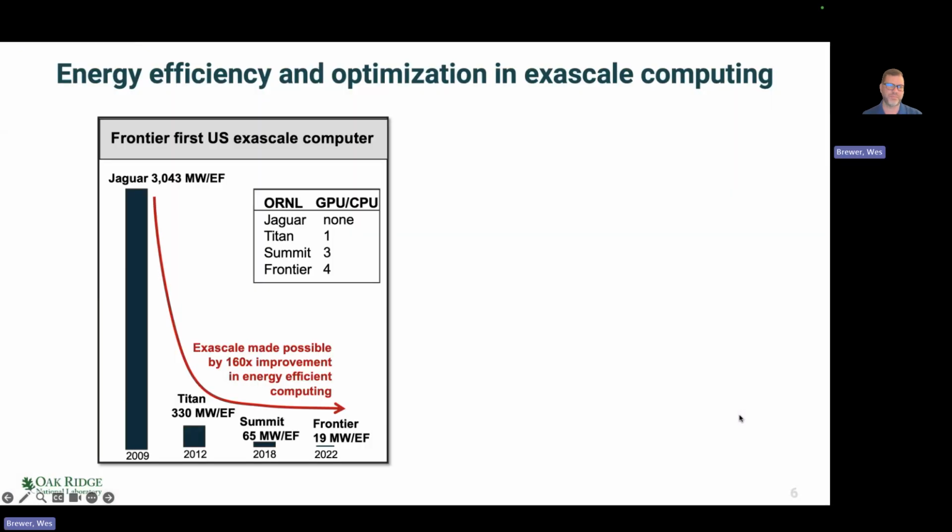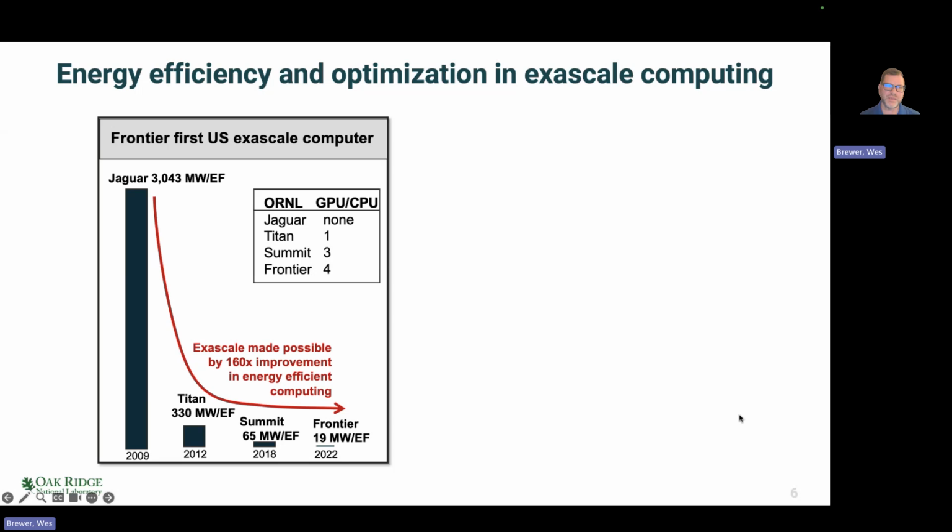Frontier is a part of a history of supercomputing at the Oak Ridge Leadership Computing Facility. What we see in this graphic is that significant improvements in energy efficiency were instrumental in being able to achieve exascale.